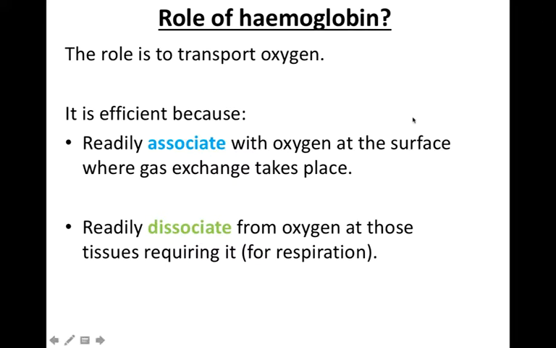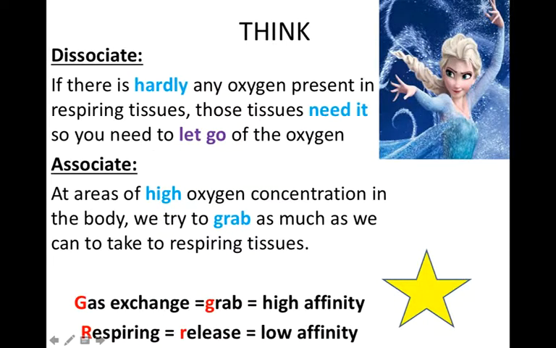Just to clarify these terms, associate means to join with the oxygen. When you form oxyhemoglobin, that's because the oxygen has associated with the hemoglobin. When it dissociates, the oxygen comes off. You can think of dissociation as letting go of the oxygen, and association as them joining on.